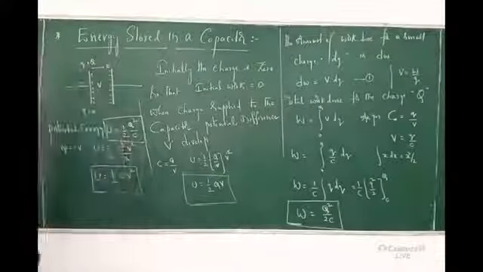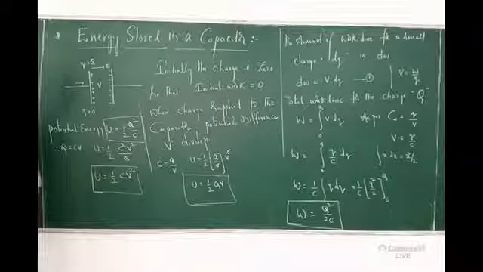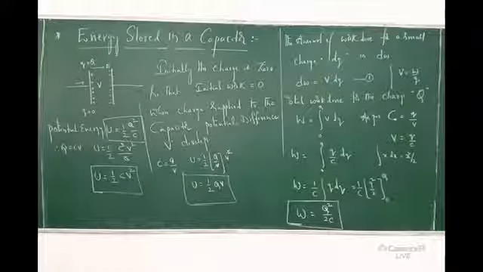So I have three expressions. One is half CV square, half Q square by C, and another one is half QV. So which is the most convenient formula, the standard formula for potential energy?